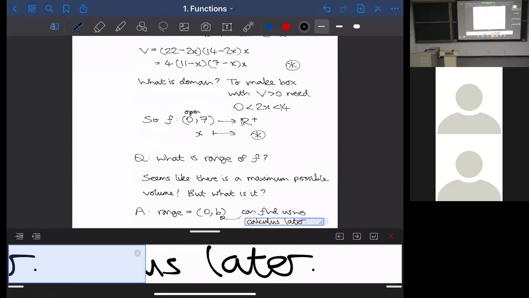And that kind of calculation is obviously very useful.